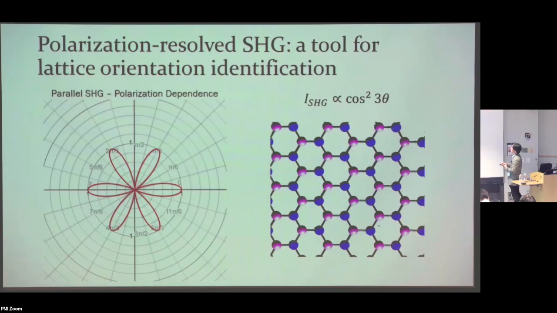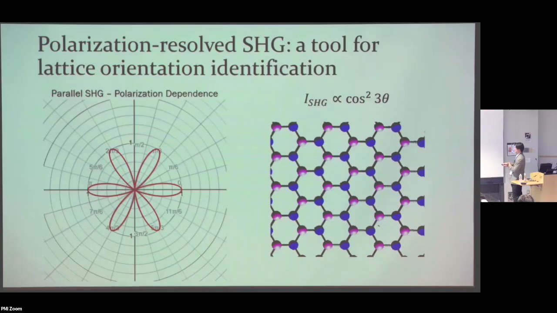If you take hBN, for example, you can now measure the second harmonic generation as a function of the polarization, and you're expected to see this cosine squared 3 theta behavior, which looks like that. We call it a flower, but it's a 6-fold symmetric pattern that is very typical in this material, and that corresponds to a lattice like this.